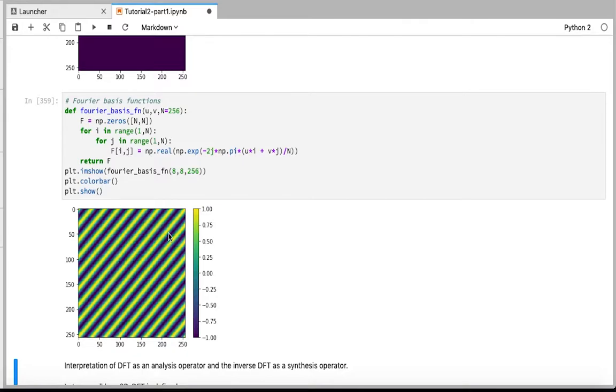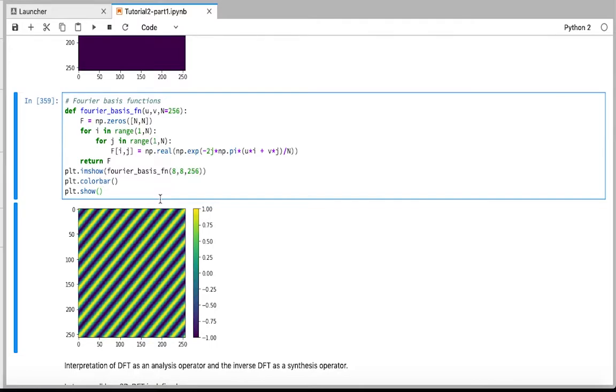Like for example, 0, 0 will always be high, but in the lower frequencies it will be higher. But if your image has sharp edges and a lot of edges, then mostly the higher frequencies will get excited. It's a really nice property which we can use for filtering. Whenever we want high frequencies, we just choose the Fourier coefficients of low frequencies and remove them, so you end up with just high frequencies, right?